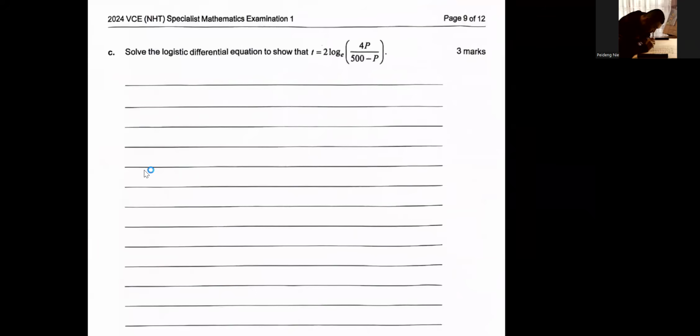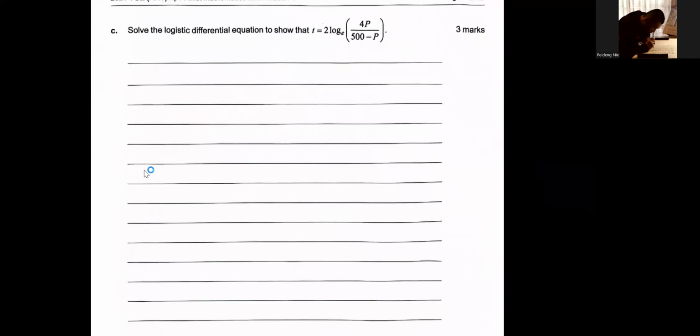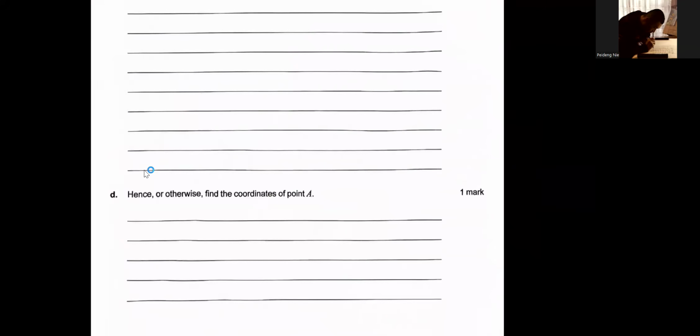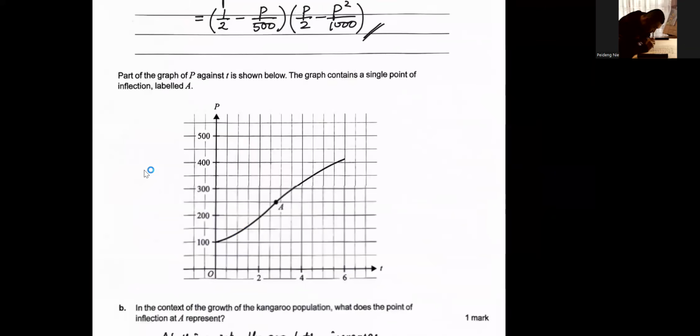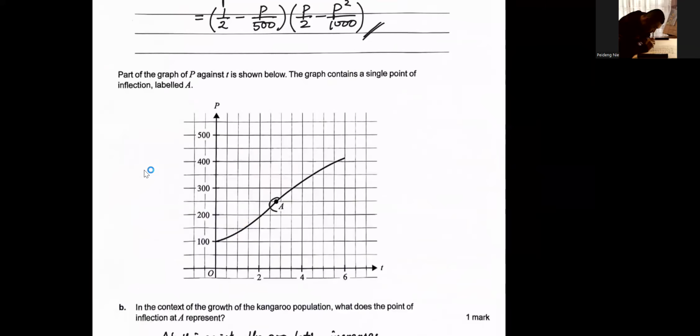Solve the logistic differential equation to show that t equals 2 log e of 4P over (500 minus P), and hence or otherwise find the coordinates of point A. In fact, what I'm going to do here is, you know, this A value has a population of 250. I'm actually subbing this into the first part. Say t equals what? P equals 250, okay?